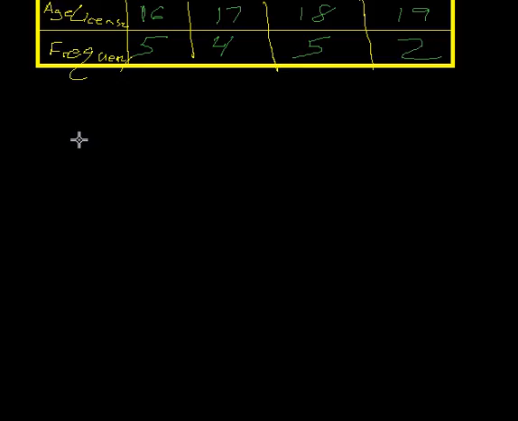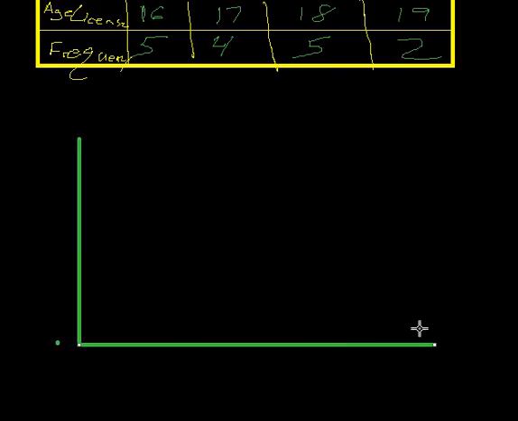And the bar graph, because we can group things in categories with bar graphs. Let's go ahead and label this graph here. And on the bottom, it's obviously going to be the age.